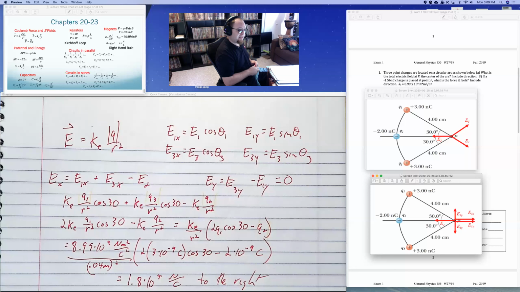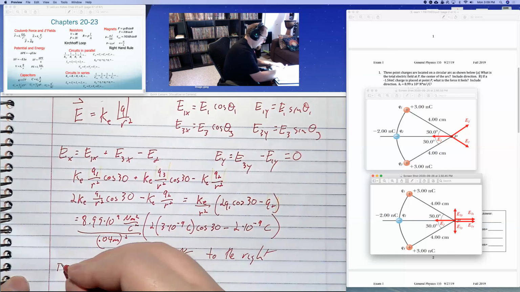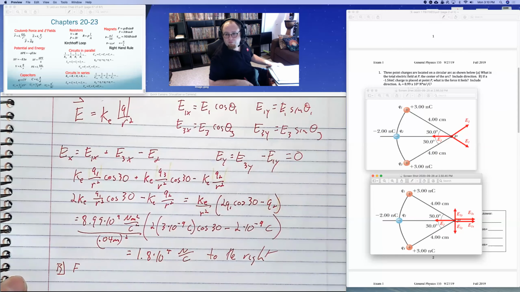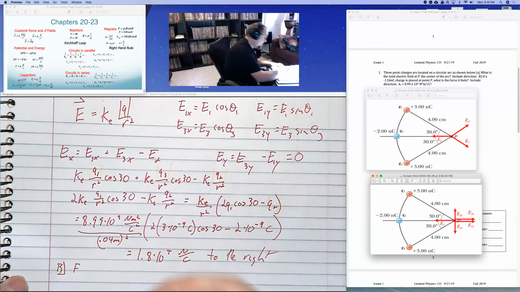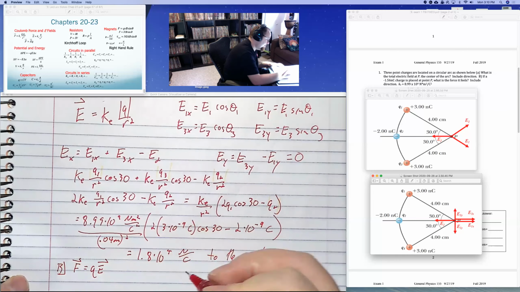Nope. Now, as I said, this first problem is going to probably involve Coulomb's law, electric field, or both. Chances of both are actually pretty high. This one I started with electric field. Part B is that whole both part. Part B says, okay, what's the force on a charge negative 1.56 nanocoulombs? The force on something in an electric field is QE.